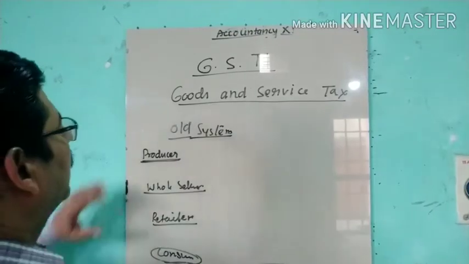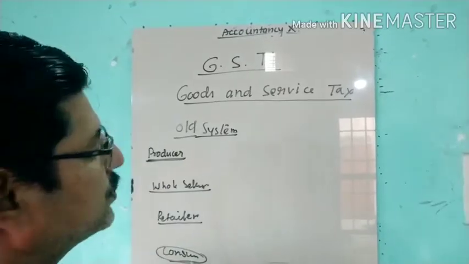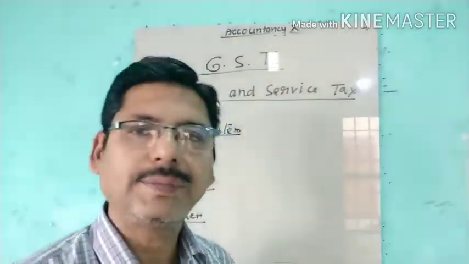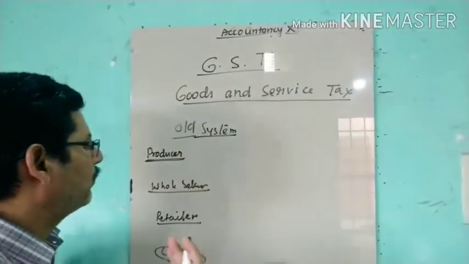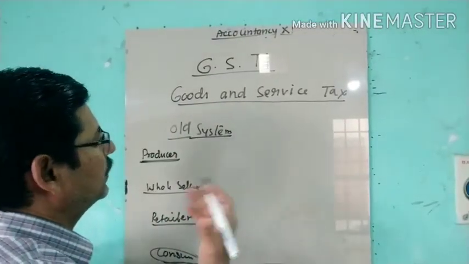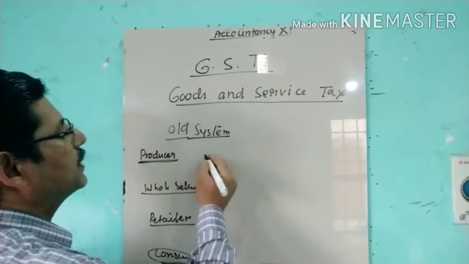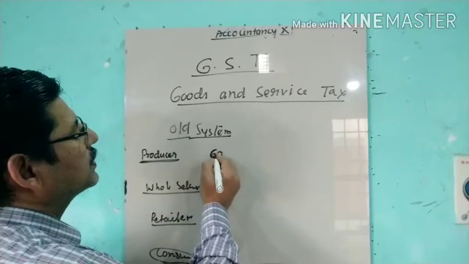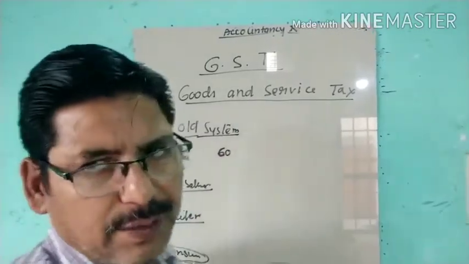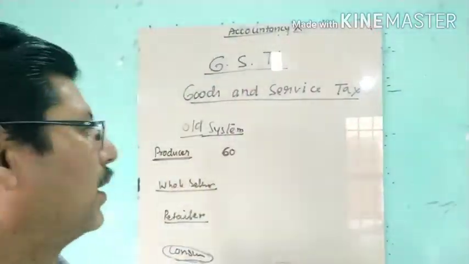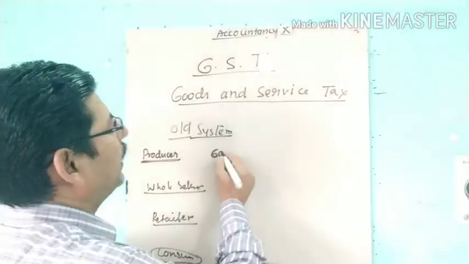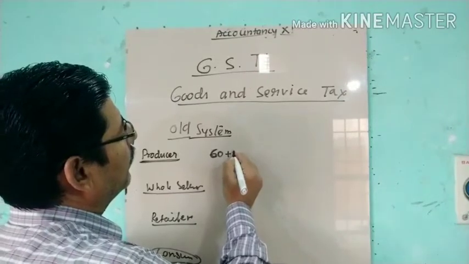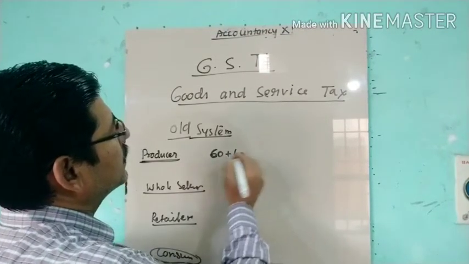So when the producer used to produce the goods, suppose he bought the goods at 60 rupees. It could be 60 lakhs or 60 crore, but I am taking 60 rupees. And he takes 40 rupees profit out of this.